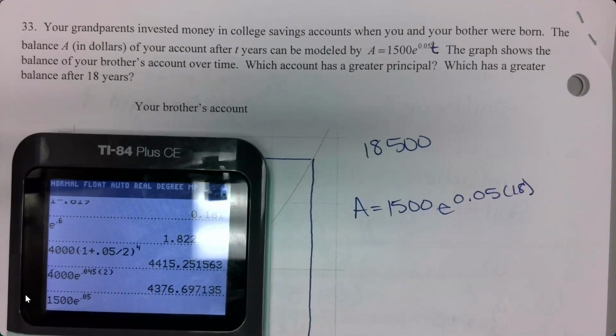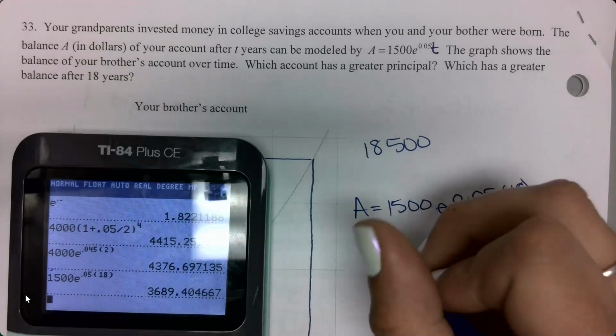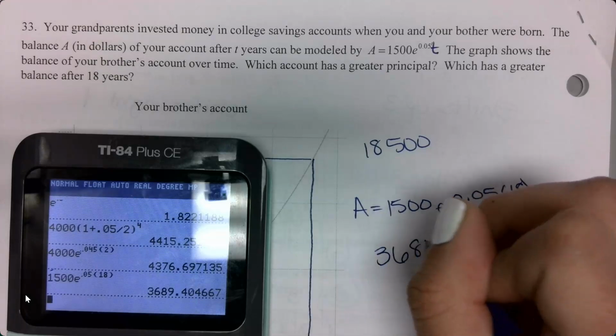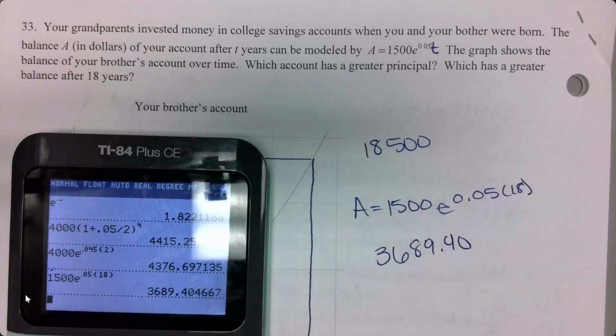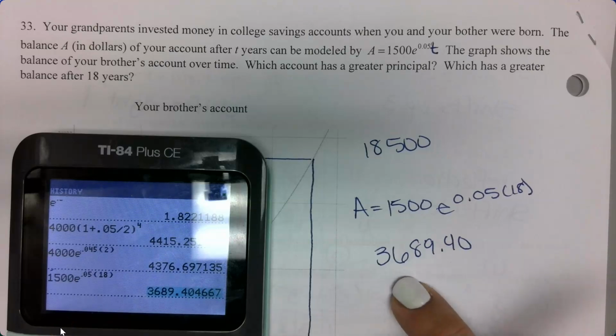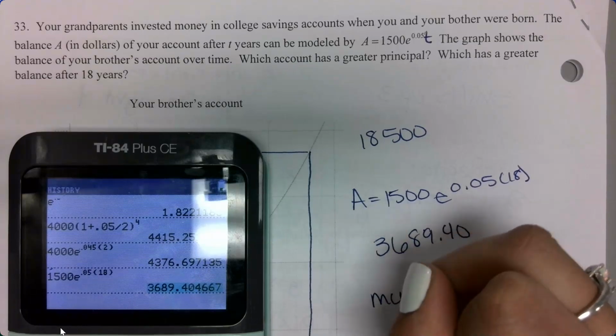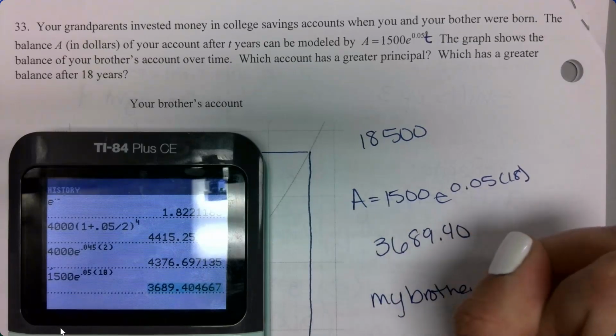I'm going to do 0.5 times 18. So I have 3,689.40. Okay, so I have $3,000. My brother has $18,000. So my brother has more money.